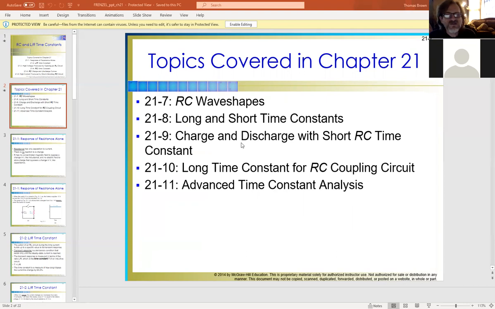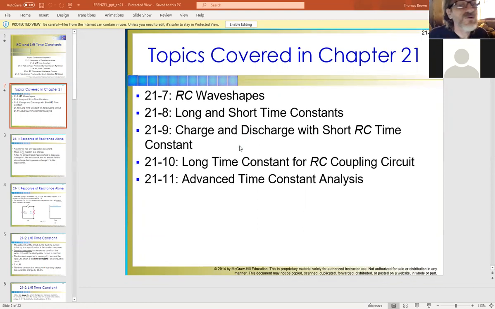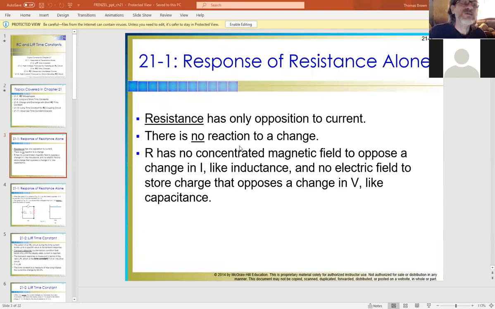Then of course we'll be following this up with labs and looking at wave shaping, how we can control wave shaping. It's an interesting phenomenon, and it's one of the primary uses of these types of circuits, controlling the wave shapes and the time involved in the discharge. But we'll get into that.